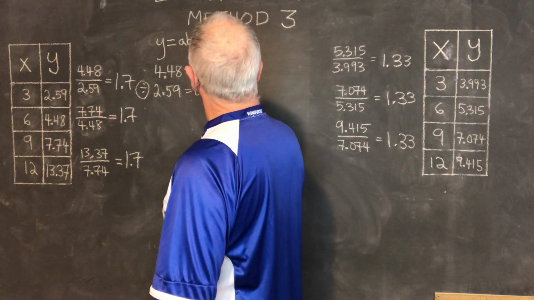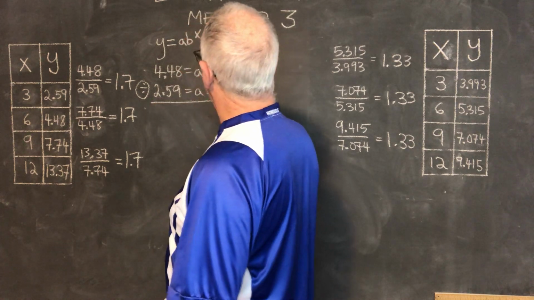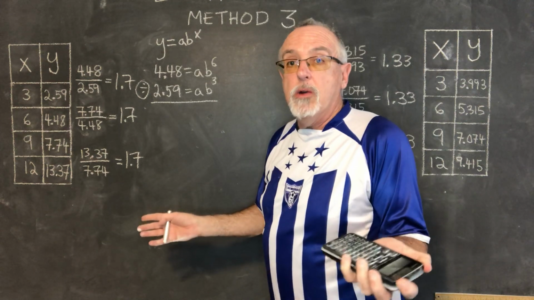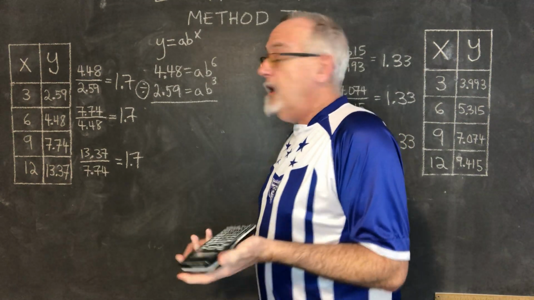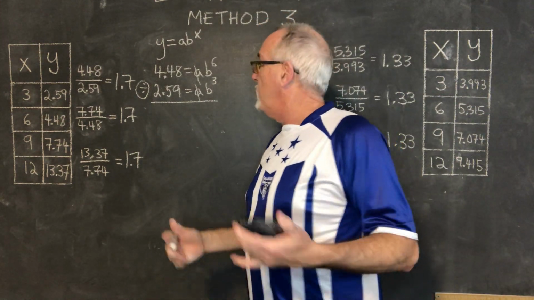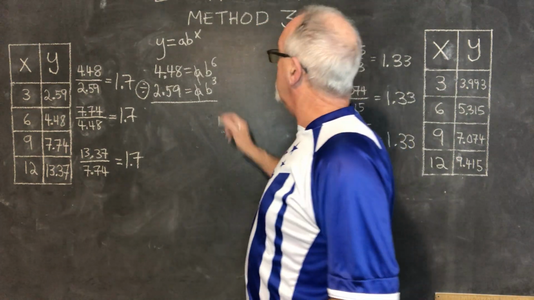When I divide, this looks the same as method 2, because it is the same as method 2. There's just one slight difference that we haven't really gotten to yet. The a divided by a cancels, which cancels the a's out, and we wanted that because it helps us to isolate the b.